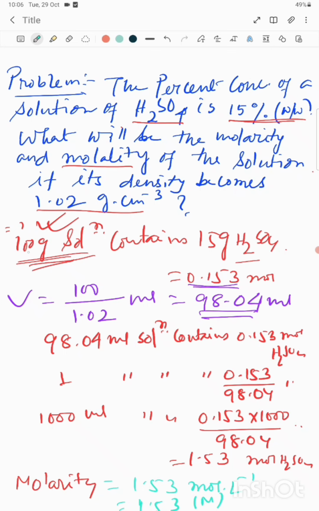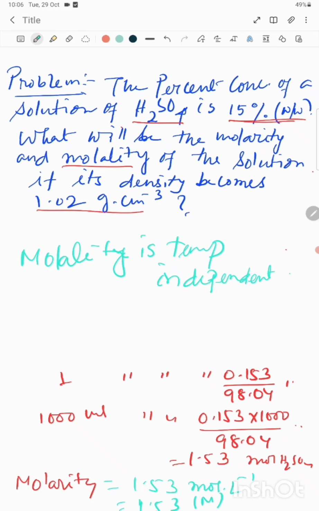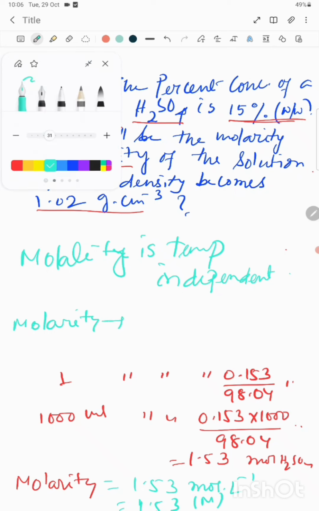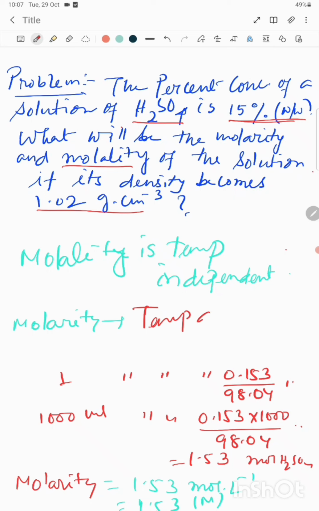So as molarity is dependent upon the volume of the solution, molarity is temperature dependent.